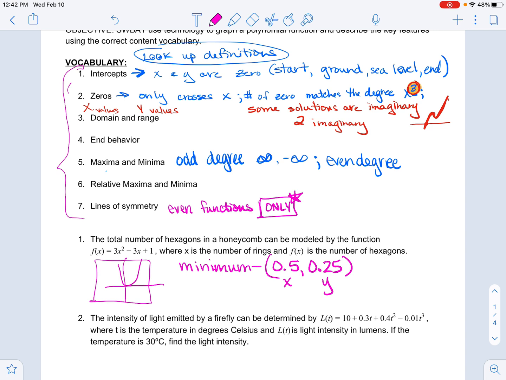So what this is saying is, based on this function, the lowest number of rings that can occur is a half of a ring. And if there is a half of a ring, then there is going to be a quarter of a hexagon. And you're not going to find anything less than that.